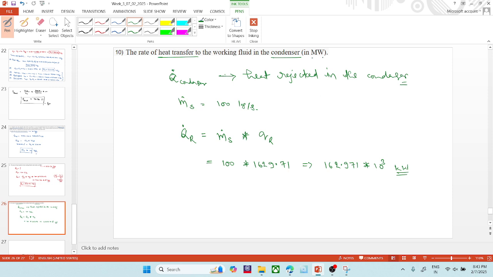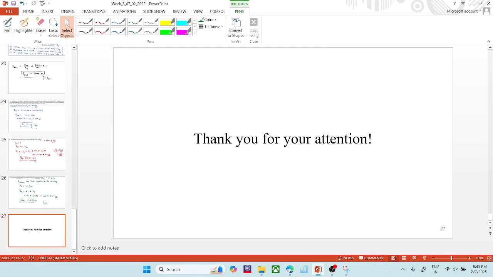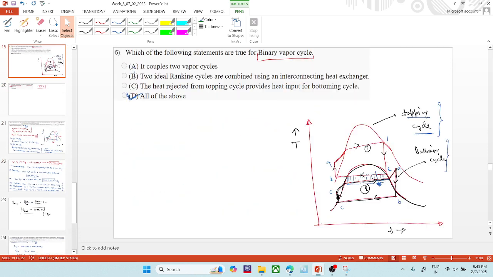Since it is asked in megawatts, Q dot R is equal to 162.971 megawatt. This would be the answer. So these are the problems I wanted to discuss.